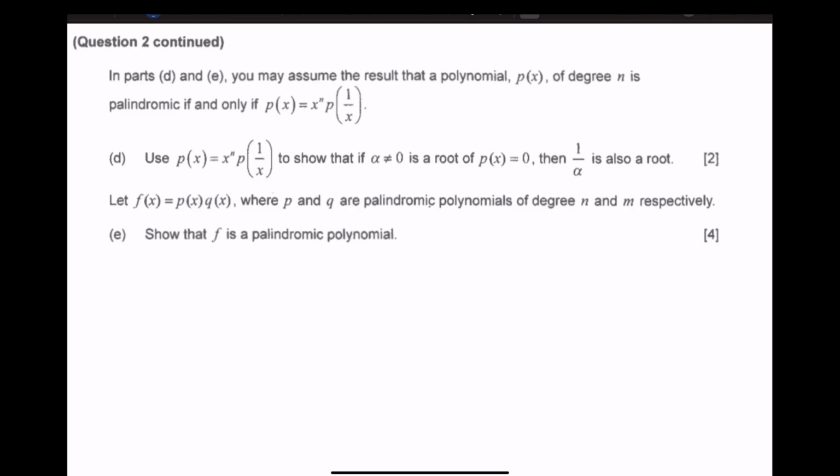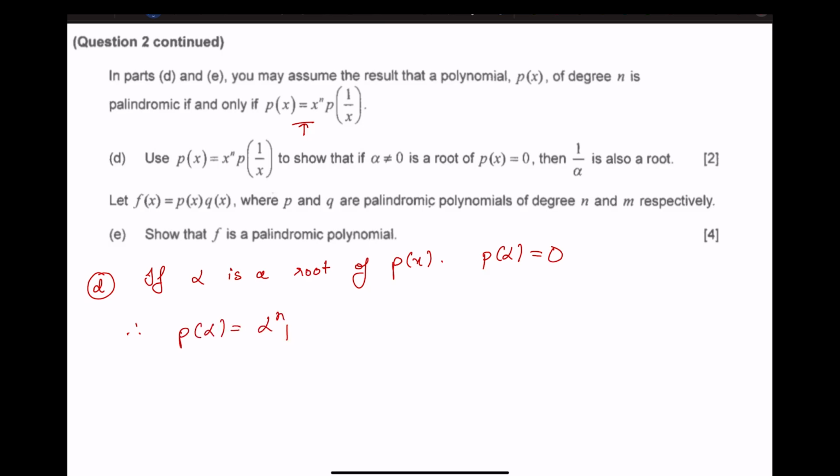Okay, fine. So for part D, if alpha is a root of p(x), then I can write it like this: p of alpha equals 0. And if I put alpha in this equation, what will I get? So p of alpha would be equal to alpha to the power n p of 1 by alpha. Now our p of alpha is 0, so alpha to the power n p of 1 by alpha is equal to 0.